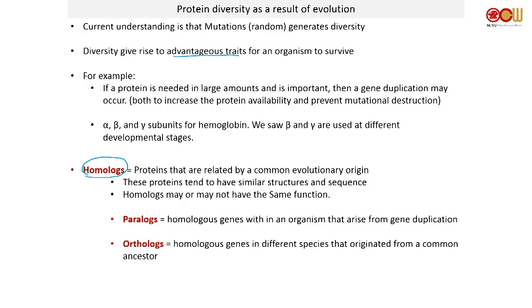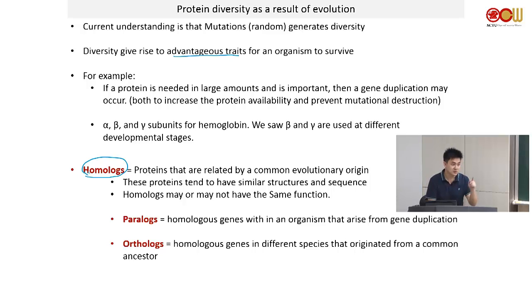That's homolog. Now, among homologs, you have two different kinds. You have paralog. A paralog is a homologous gene within an organism that arises from gene duplication. For example, in humans, we have multiple alcohol dehydrogenases that may have evolved by gene duplication.